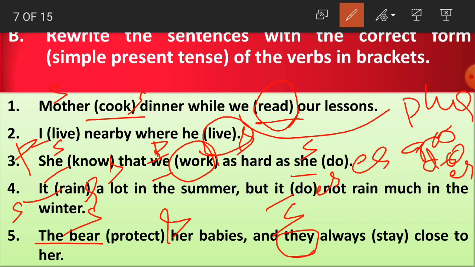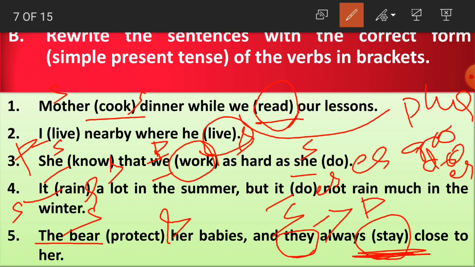We are talking about they here. This they is in plural form. That is why there is no change in the verb, it stays same as in the brackets. So the bear protects her babies and they always stay close to her.